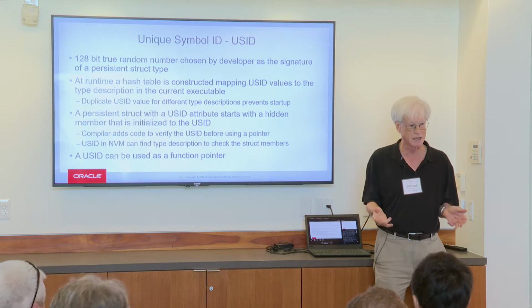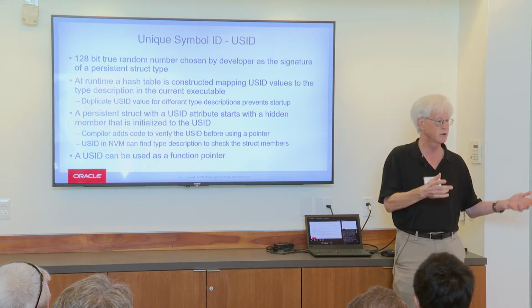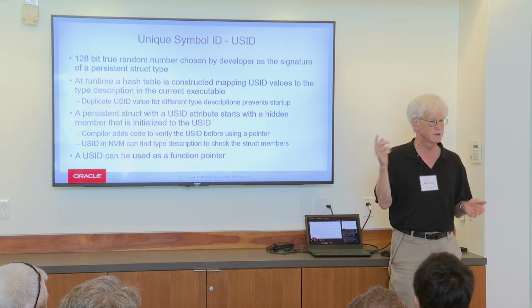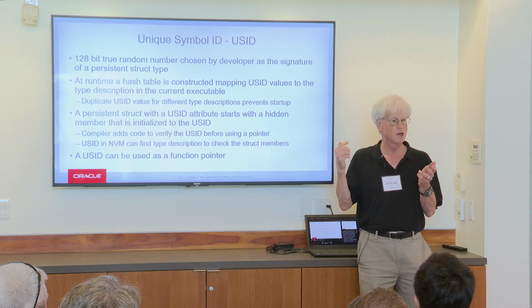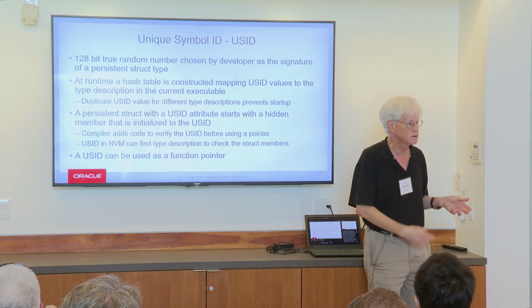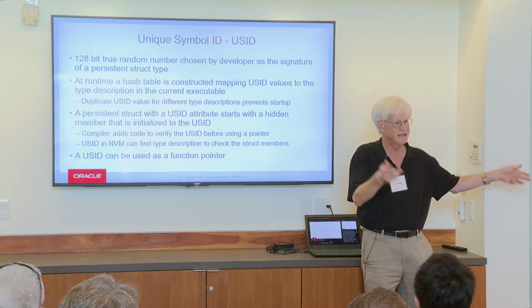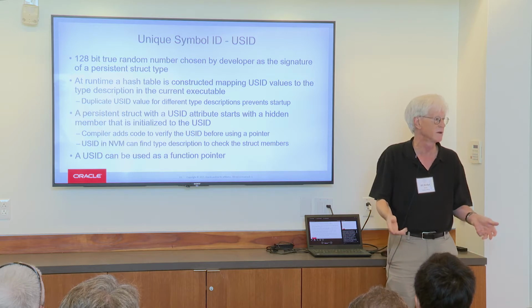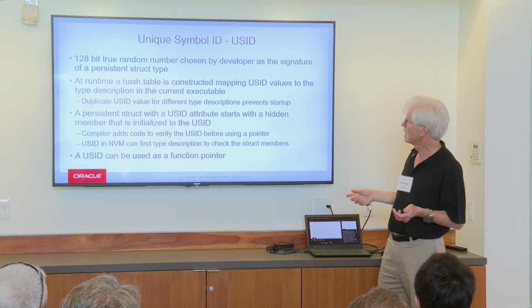This means you can recompile and change your executable, but if you keep the mapping of USIDs to types the same, then with a different executable you can use these as persistent pointers into DRAM or into your executable, which could be a pointer to something you declare, such as a global struct of some sort.